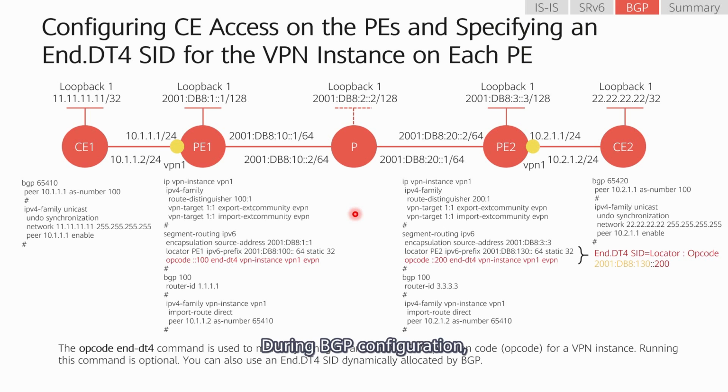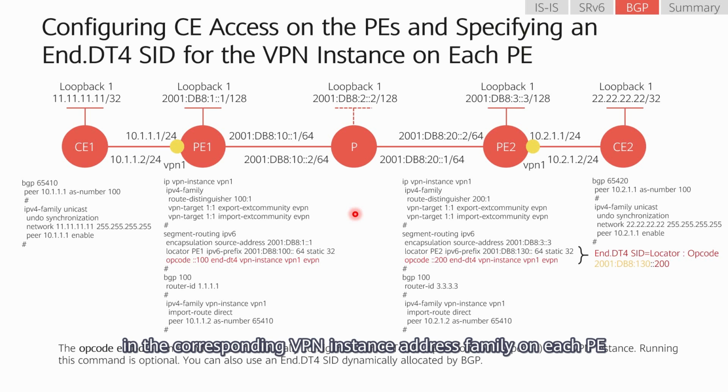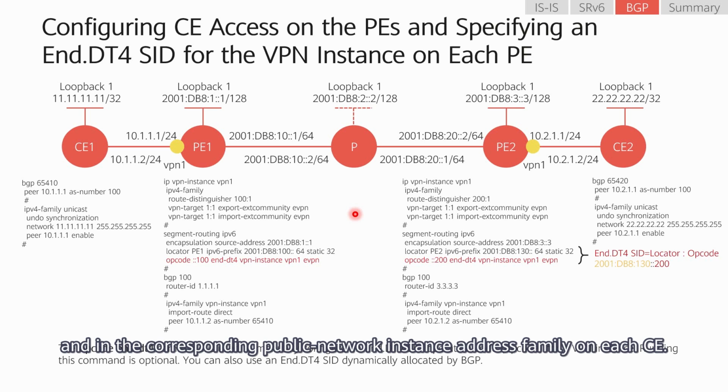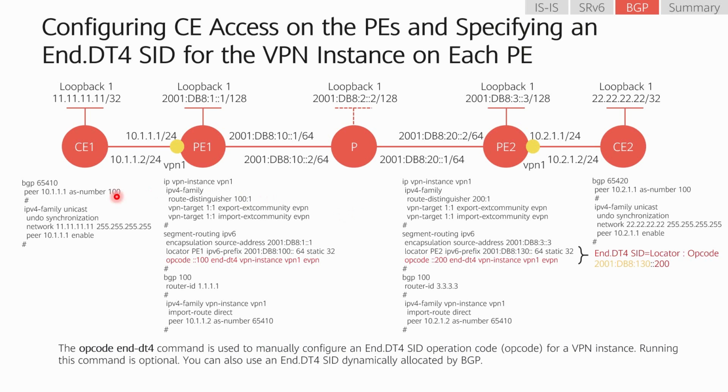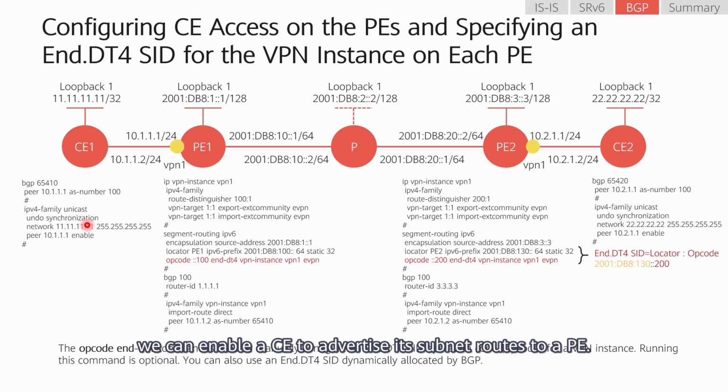During BGP configuration, we need to enable the peer relationship in the corresponding VPN instance address family on each PE, and in the corresponding public network instance address family on each CE. Using the network command, we can enable a CE to advertise its subnet routes to a PE. When configuring BGP on a PE, we can specify a router ID.